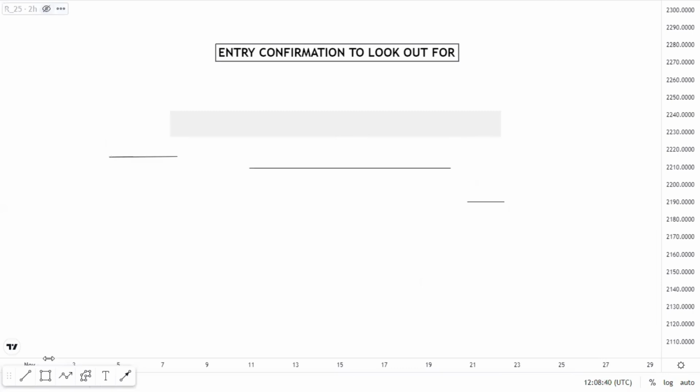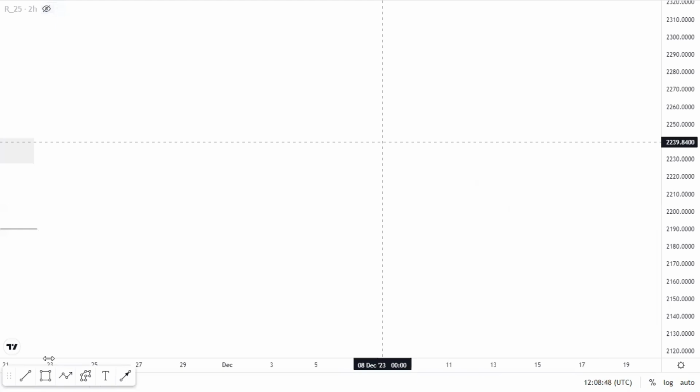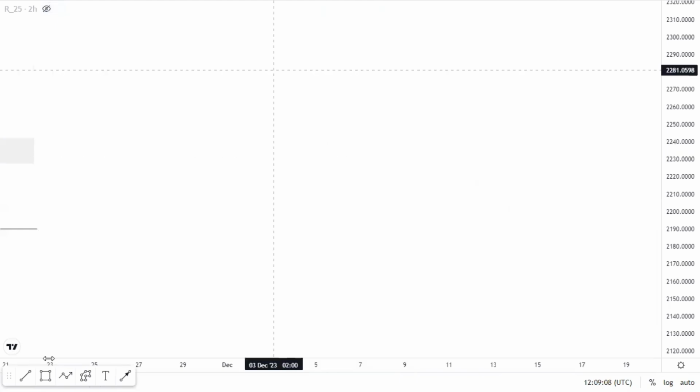When we talk about entry confirmation, there are things you need to look out for in the market that will confirm that this PO high is truly a valid PO high. I am of the saying that a PO high is just a reaction zone until the market gives a confirmation. I see that a PO high is only our reaction zone until the market says, oh, I am ready to use this PO high for continuation.